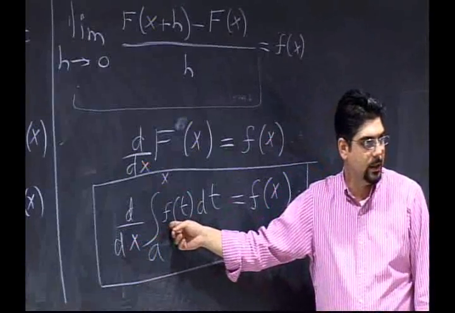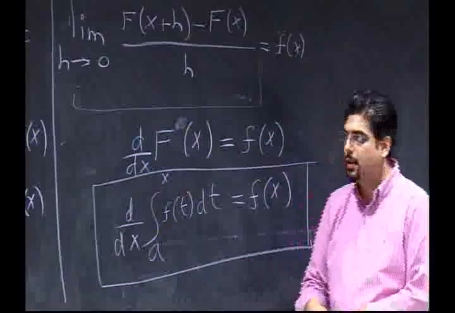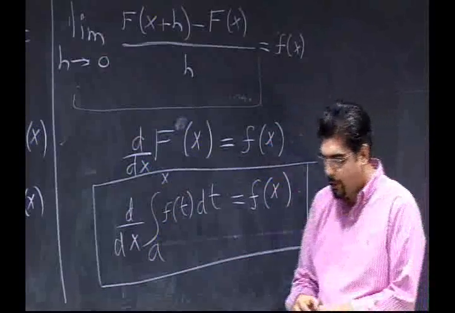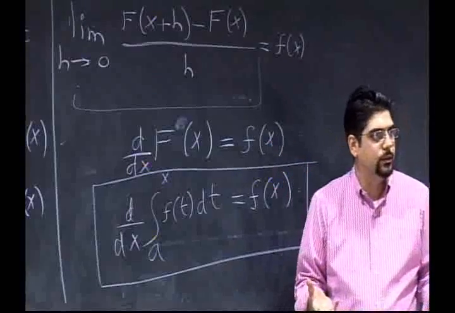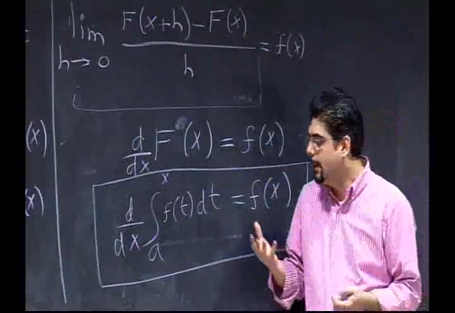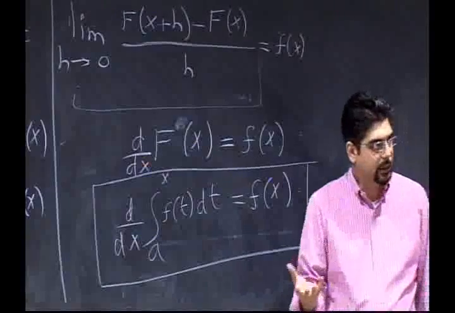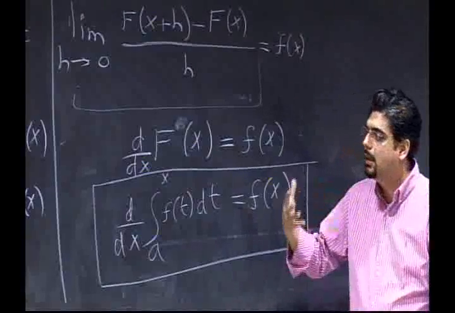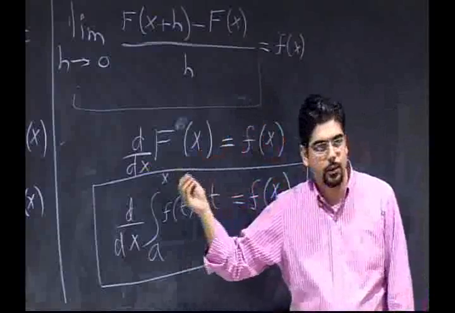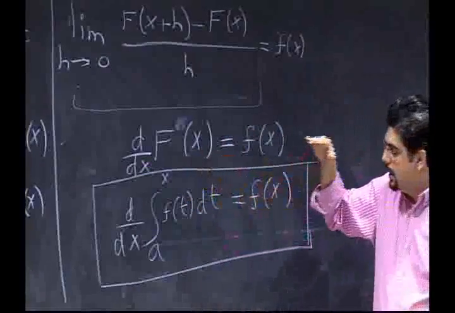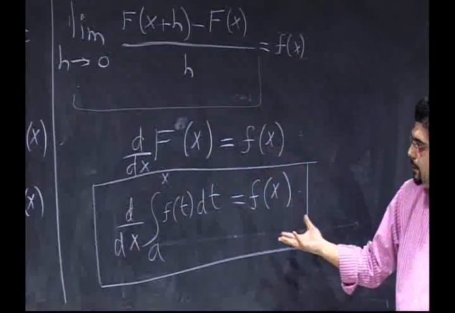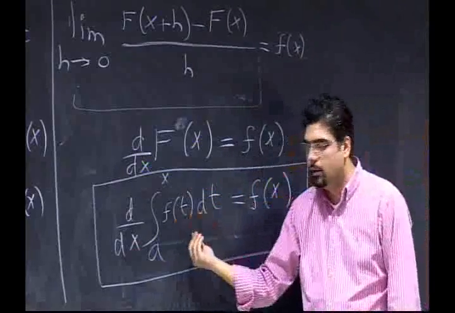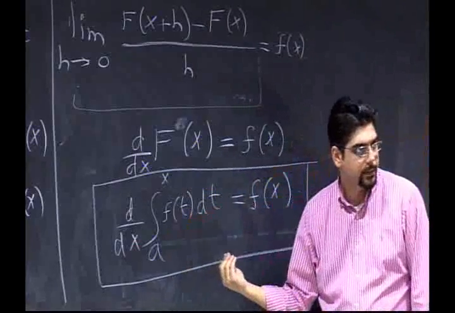Part one of the fundamental theorem told us that there is a relationship between the derivative and the integral, and that relationship helped us find integrals quickly. Part two says basically that the derivative and the integral are kind of opposite operations.